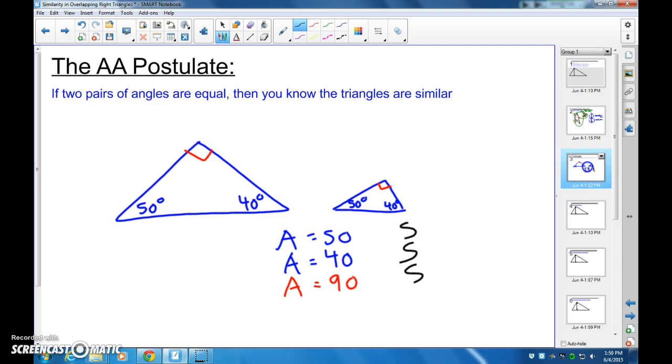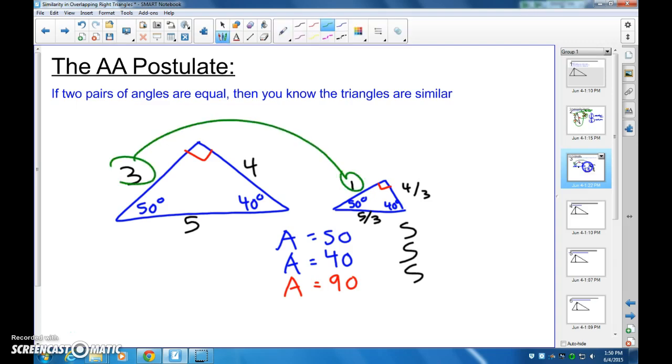So maybe it's something like 3 goes to 1, and maybe 4 goes to 4/3, and maybe 5 goes to 5/3. And what I did there was I took every side and I cut it down by 1/3. Okay? So if you know two A's, everything else falls in place and you have similar triangles.